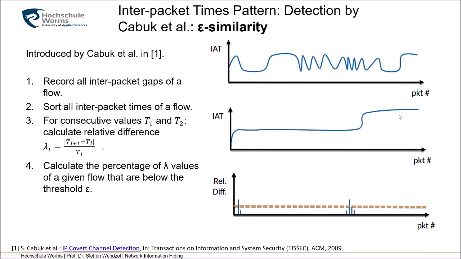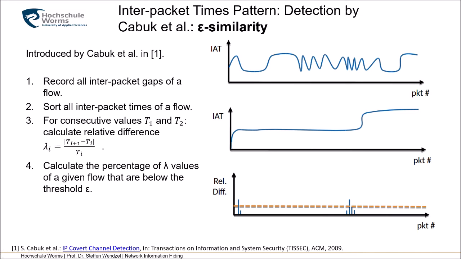You have sharp increases. Well, for legitimate traffic, you will have smoother increases. So the relative differences for covert channel traffic will be larger than in case of normal or legitimate traffic, at least for most legitimate scenarios. This is not a perfect approach.